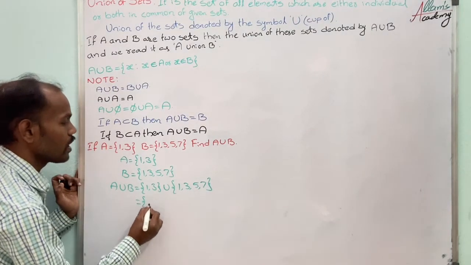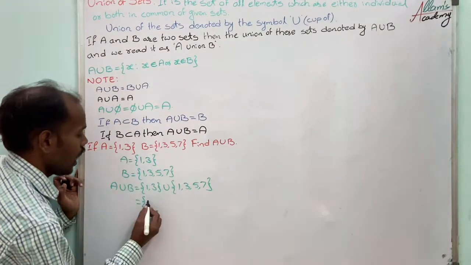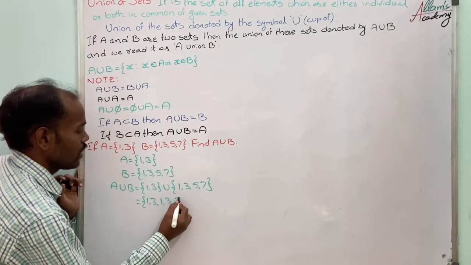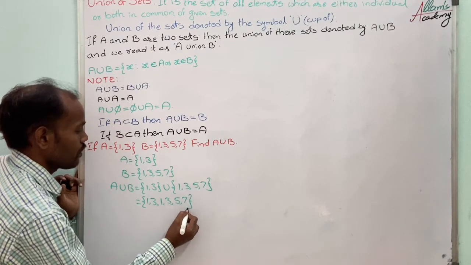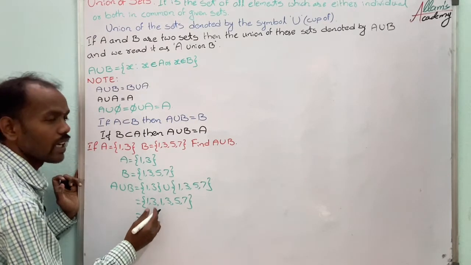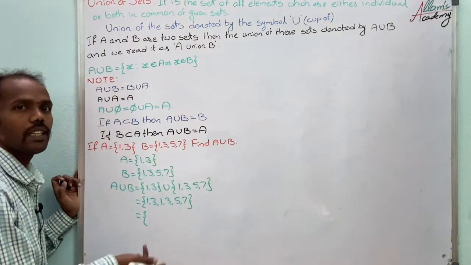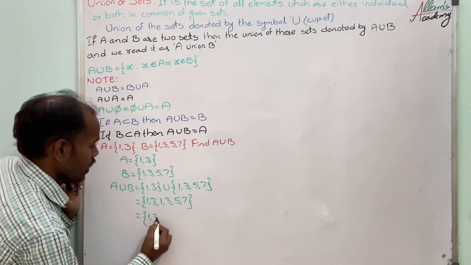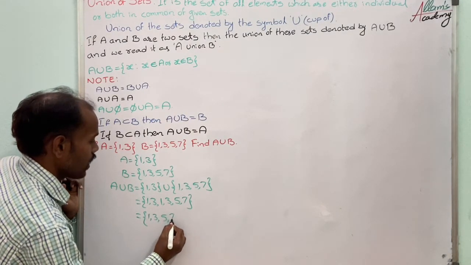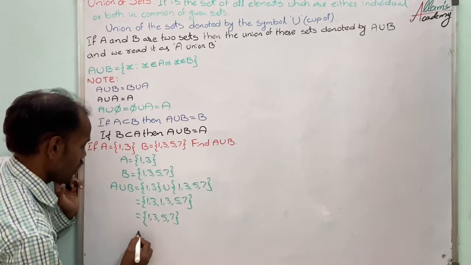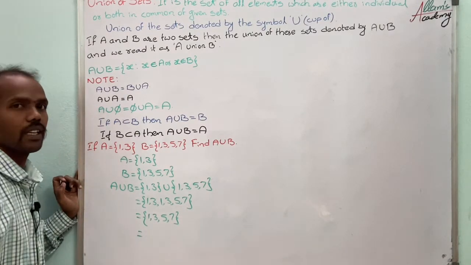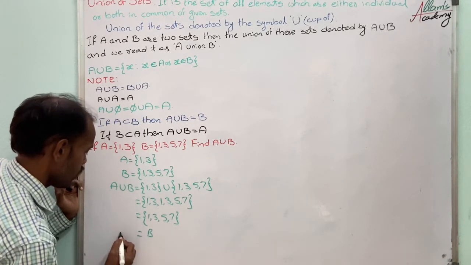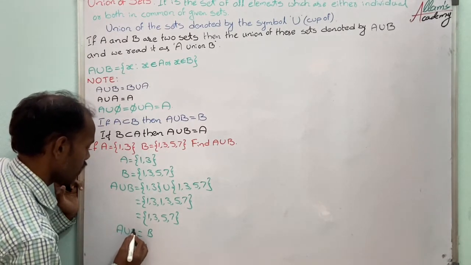Union means we have to write all the elements. So 1, 3, 1, 3, 5, 7. If any element is repeated, we have to take it once only. So 1, 3, 5, 7. These elements 1, 3, 5, 7 are contained in the set B. So A union B equals B.